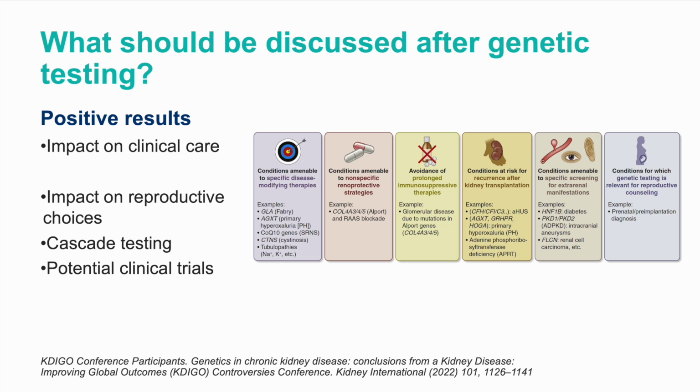So this is a figure from our KDIGO paper, and there are many ways that a positive result could impact clinical care. Maybe the condition that was identified is amenable to specific disease-modifying therapies, like Fabry, or primary hyperoxaluria, or steroid-resistant nephrotic syndrome caused by COQ-10, or cystinosis, etc. Maybe the condition is amenable to non-specific renoprotective strategies like RAS blockade for Alport syndrome.